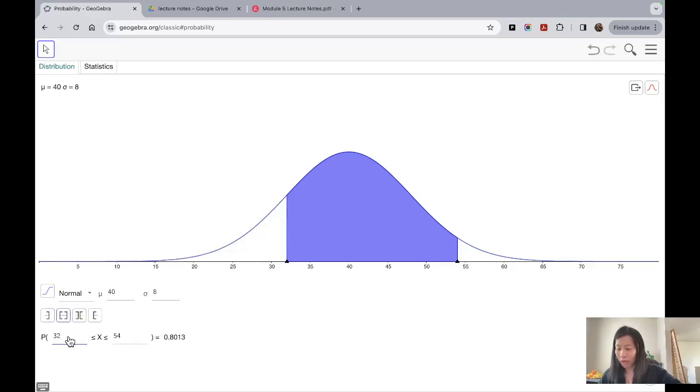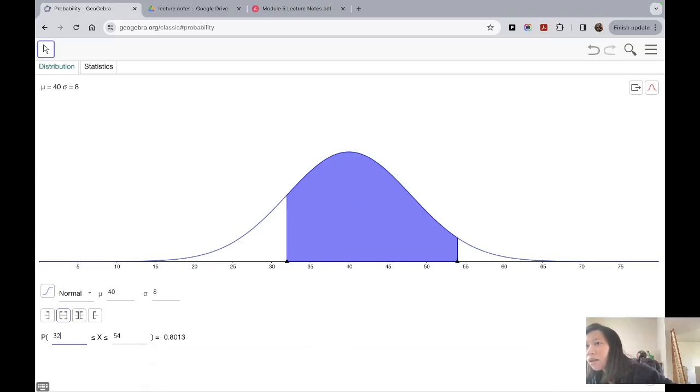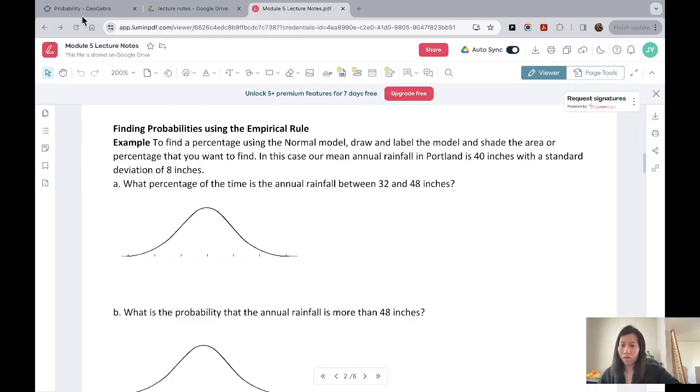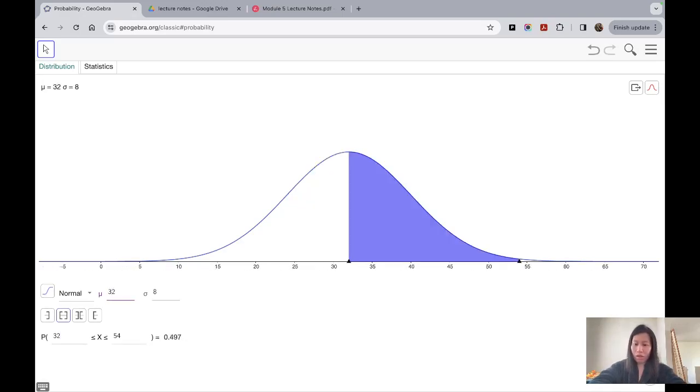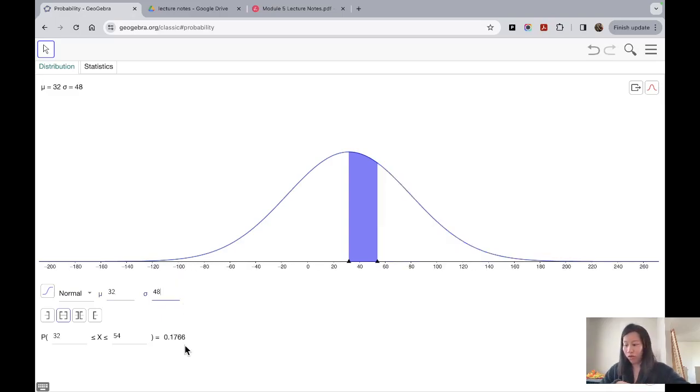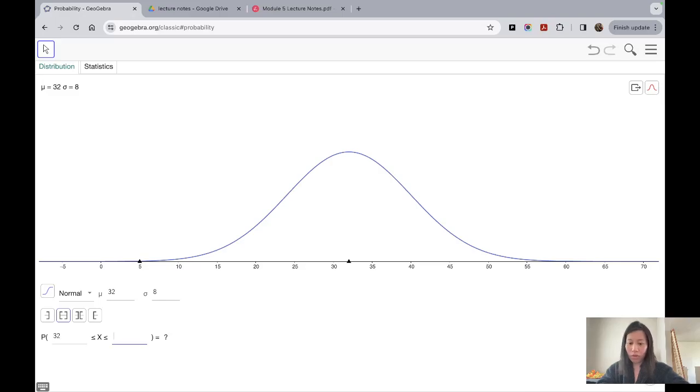So we want it to be in between 32 and 48. Oh, sorry, I typed in the wrong value.